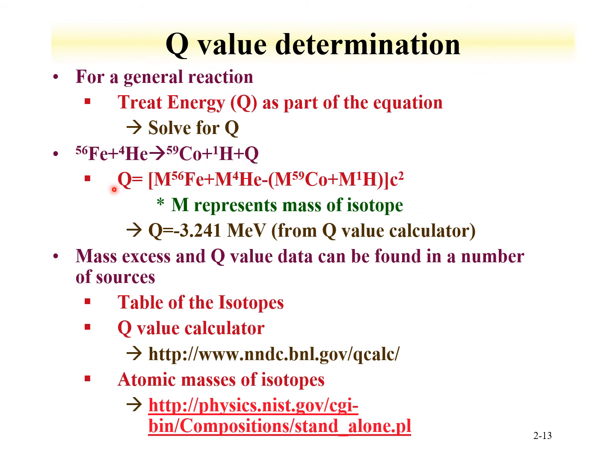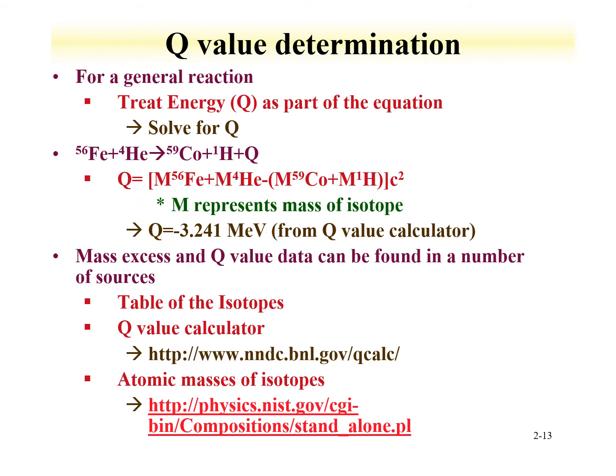Well, we can write the Q value. It's the mass of the products minus the mass of the reactants, with the mass times c squared making it into energy. With the Q value calculator, which we'll talk about, I can enter this information and out comes a value.